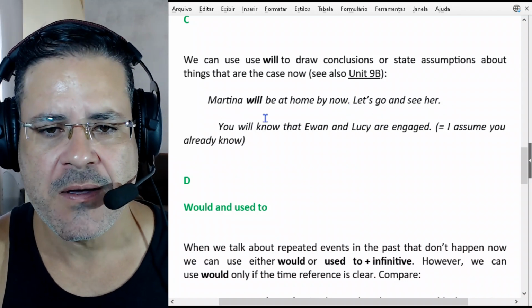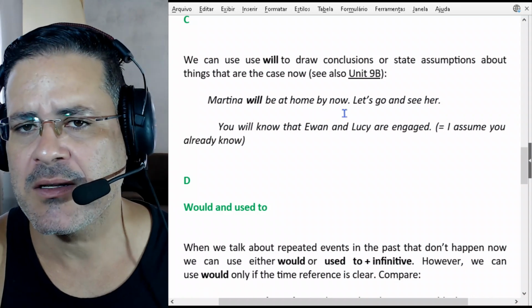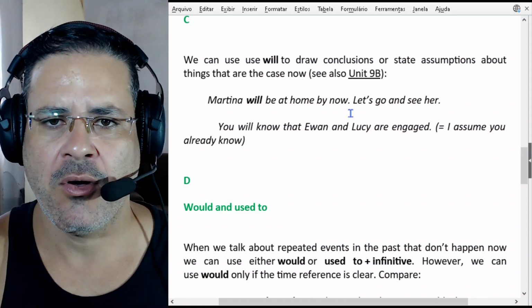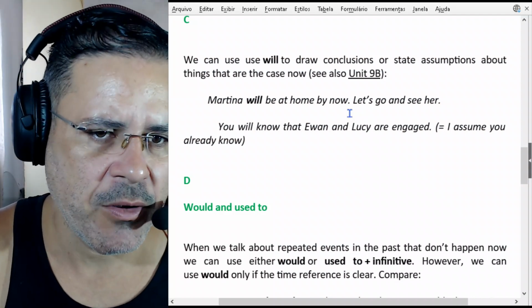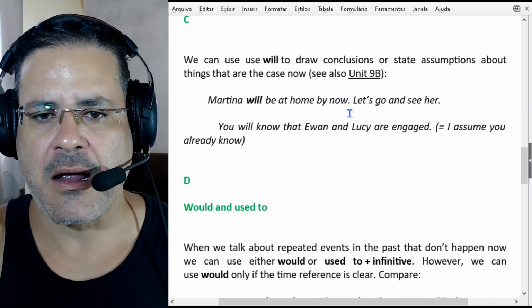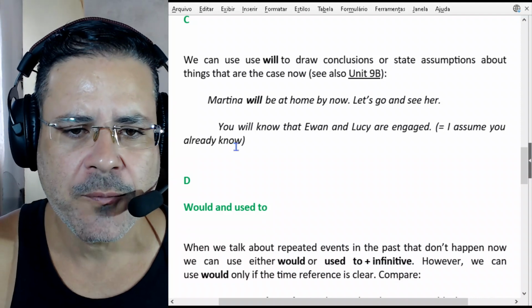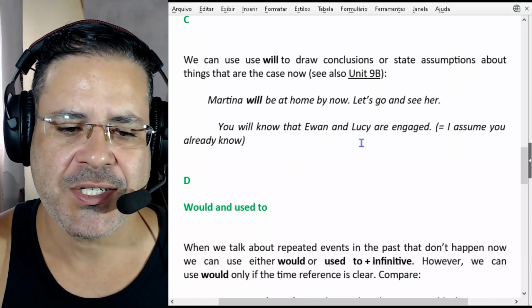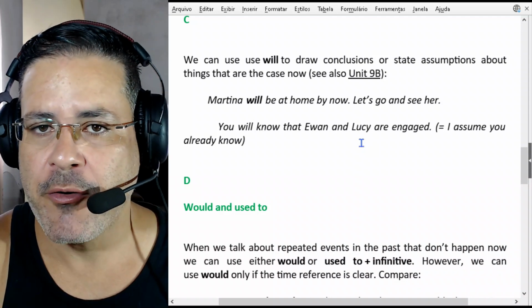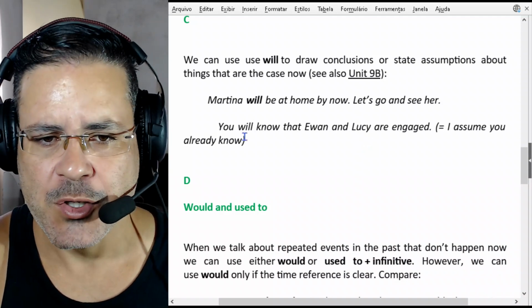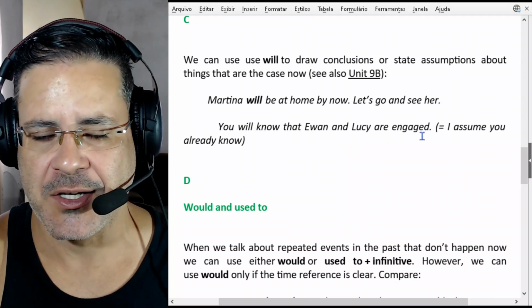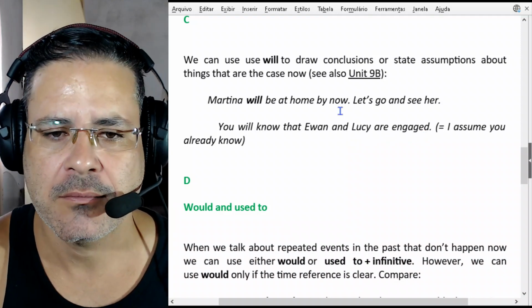So we're drawing conclusions or stating assumptions about things that are the case now. Another example: you will know that Ewan and Lucy are engaged. I assume you already know that.